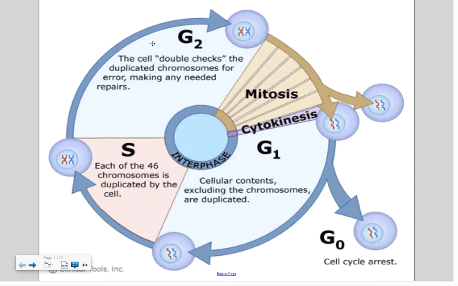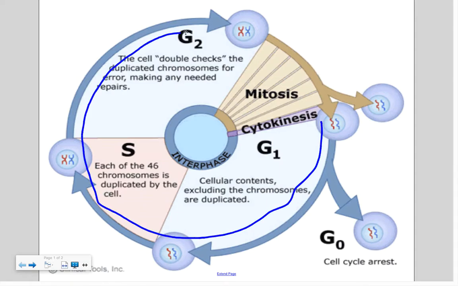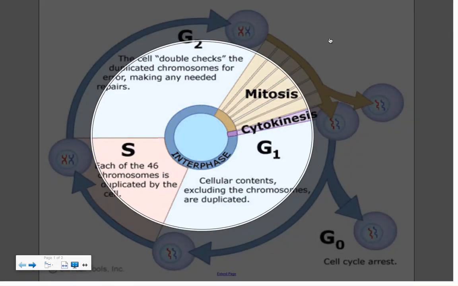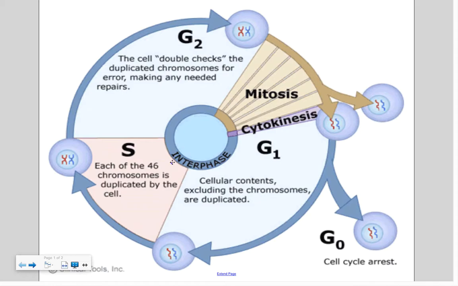All of the organelles are copied, all of the DNA is copied and doubled, but the cell is also double checking to see if the DNA was copied correctly or if it needs to make any repairs. This entire part of the cell cycle, from G1 to the S phase and all the way through G2, takes up about 90% of the cell cycle. Collectively we refer to that as interphase.